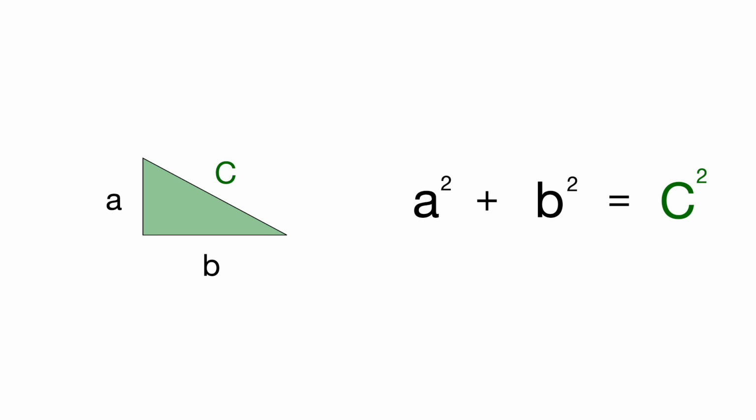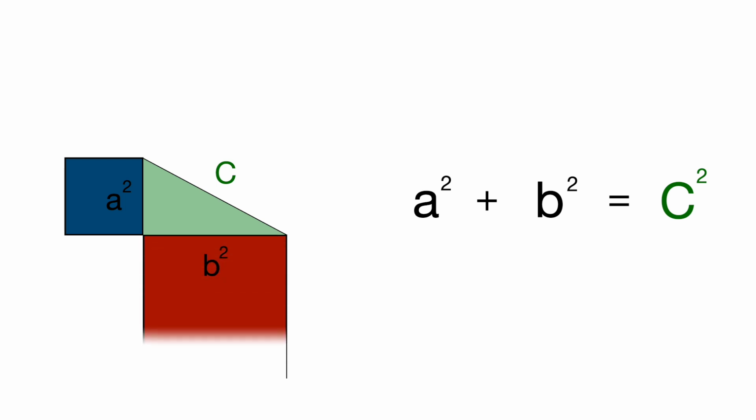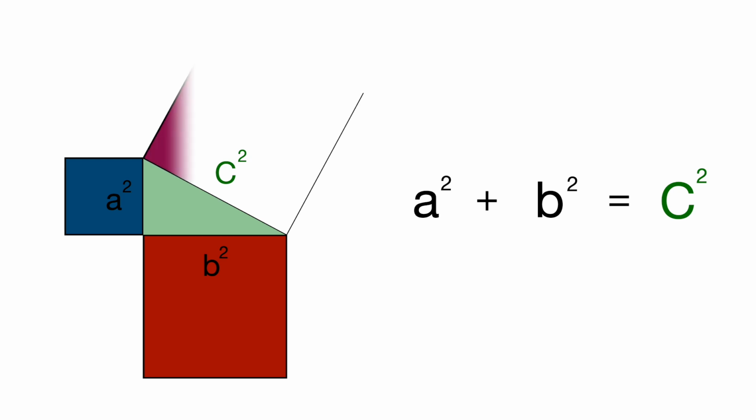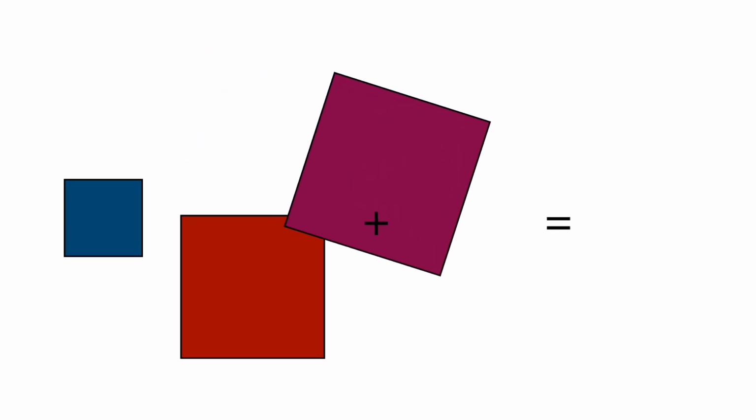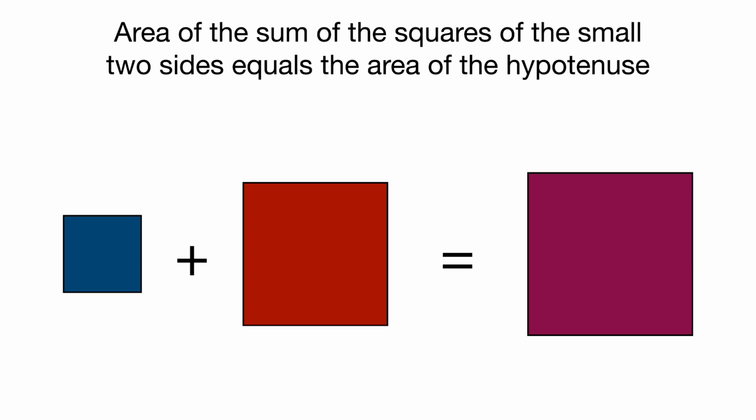If we have A, B, and C, and we square each side, taking A squared creates a square using side length A. Same with B squared, that creates a square using side length B. And C squared, same thing, creates a square using side length C. So what the theorem means is if you take the sum of the areas of the two small squares, that equals the area of the hypotenuse square.